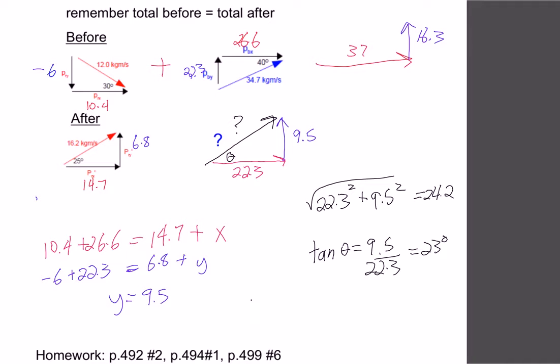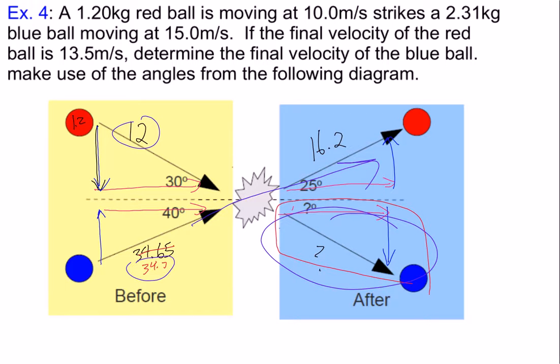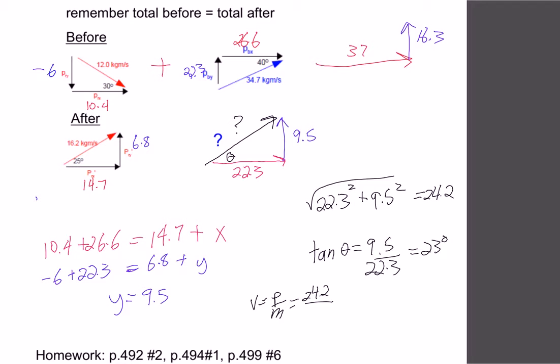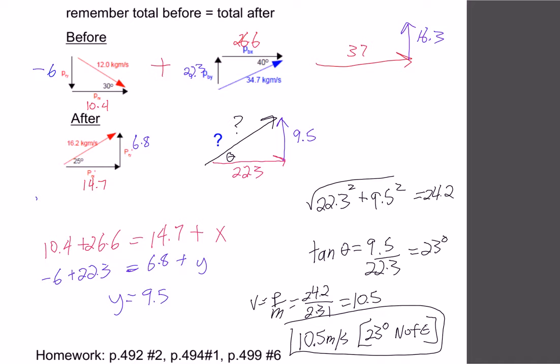So to get our velocity, we need to divide by the mass. The mass was 2.31, so 24.2 divided by 2.31 gives a final answer of approximately 10.5. So we'll have 10.5 meters per second, and our angle is 23 degrees above, so we'd say 23 degrees north of east. And that'll be our final answer.